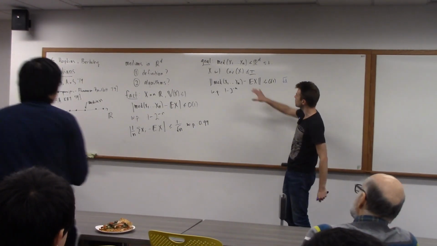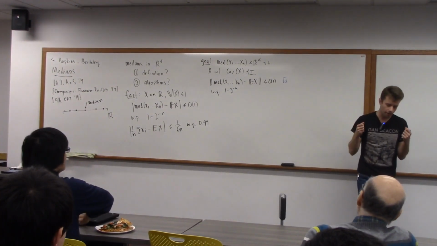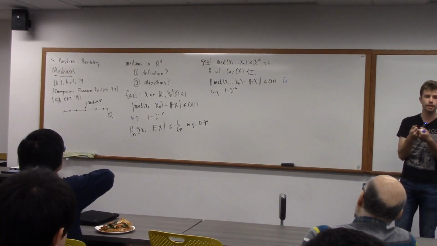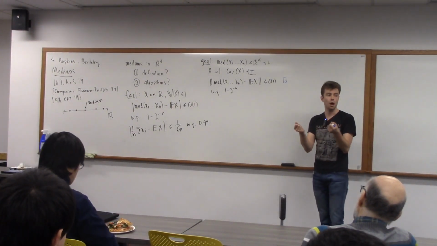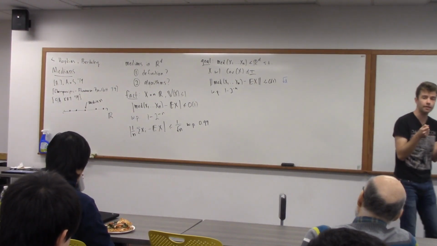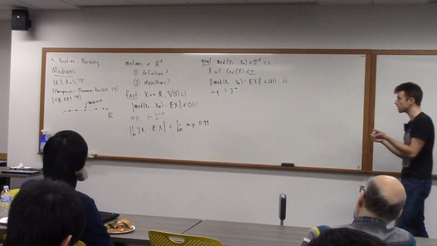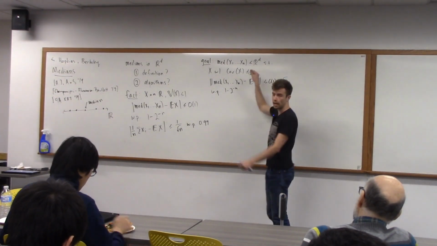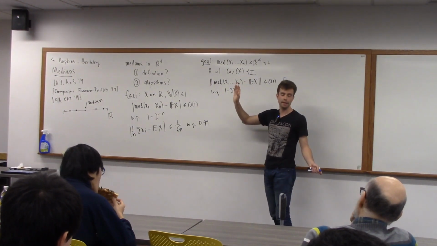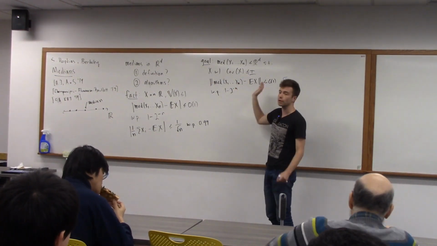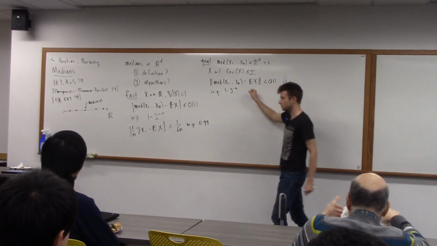If you can do something like this, you can find an estimator for the mean of a random vector whose confidence intervals, whose success probabilities, are as good as they would be if that vector were Gaussian and I used the empirical mean, assuming only that the vector has bounded covariance. So you can sort of pretend that whatever random vector you're estimating is Gaussian, even though you basically have no control on it.